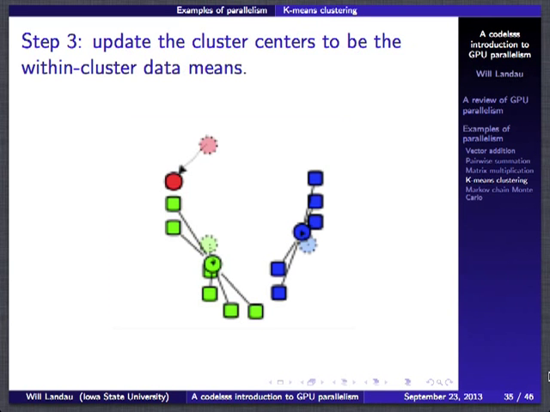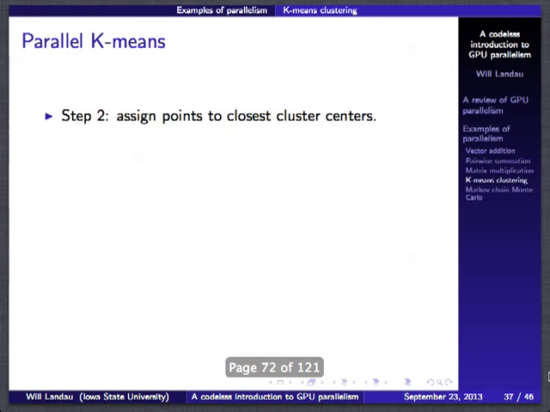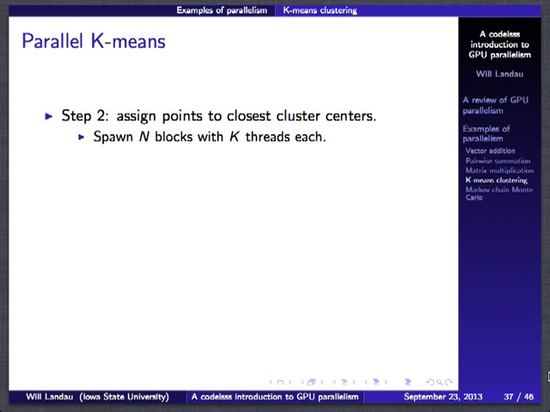So what I might want to do if I'm parallelizing this is spawn n blocks with k threads each. I want the number of blocks usually, because of hardware constraints, to be bigger than the number of threads per block. And I'm assuming I have more points than clusters. Obviously, I have to have more points than clusters. So I'm going to have this configuration of blocks and threads.